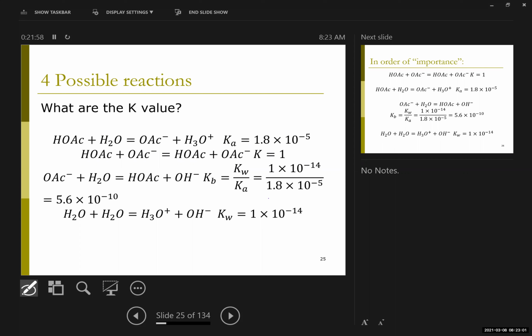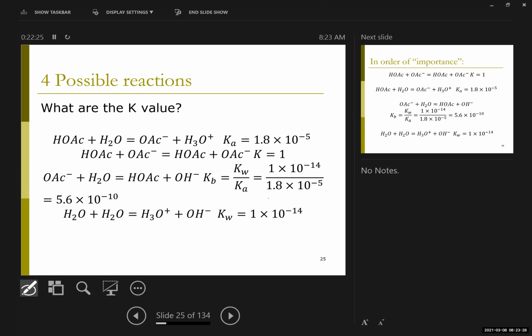My little relationship that the Ka times the Kb equals the Kw comes into play, largely because I don't frequently find acetate listed on the Kb table. They assume you know it's the conjugate of acetic acid. But if I do that little calculation, that has a Kb of 5.6 times 10 to the minus 10.